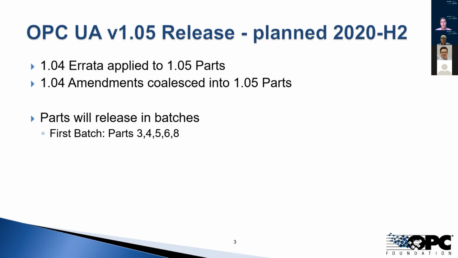And also, starting in 1.04, we started to make technical additions, functionality additions during the release without touching the original release documents. And we did that in the form of amendments. And we stole that process from the IEC, which seemed like a good idea at the time because, of course, the OPC UA specifications are also an IEC specification.